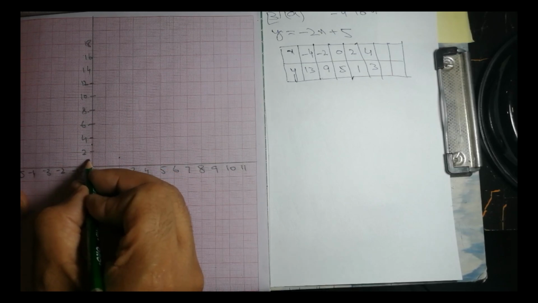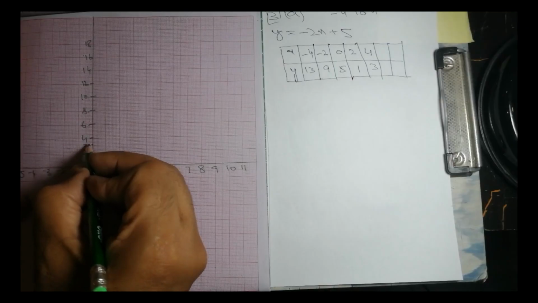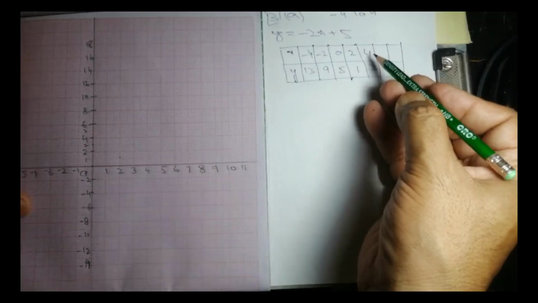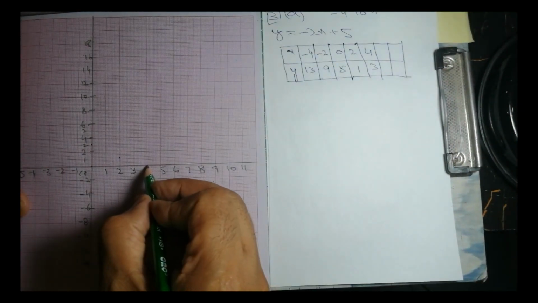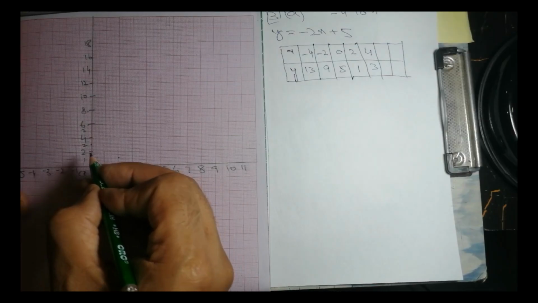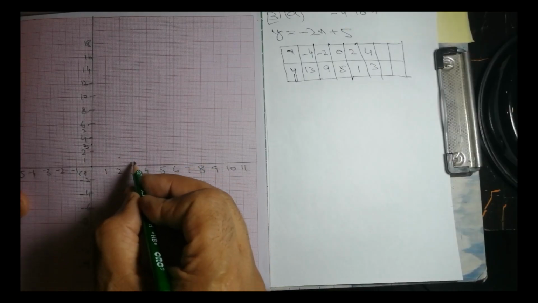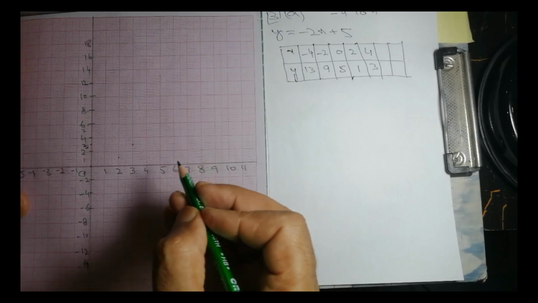If we want to write all values, this will be 1, this will be 2, here will be 3, like this. And the next point is (4, 3). 4 on the x-axis is 4, and the value 3 on the y-axis is here in the middle.